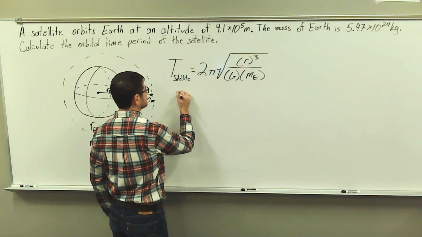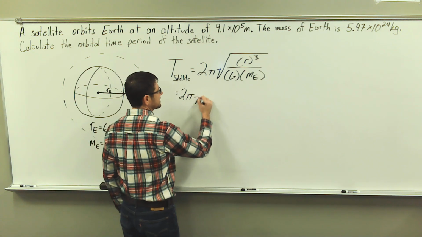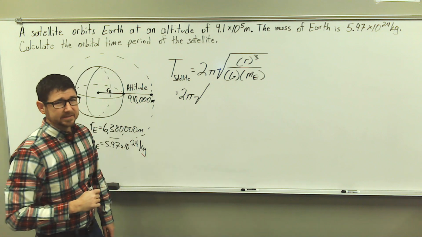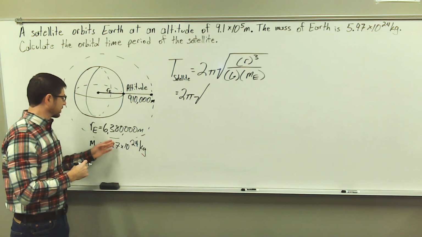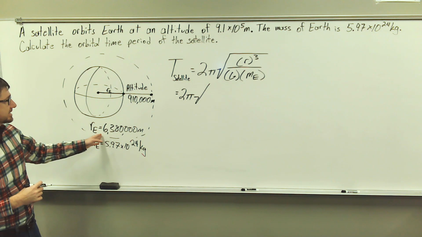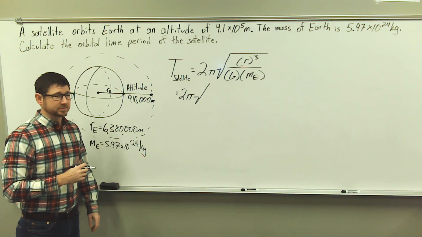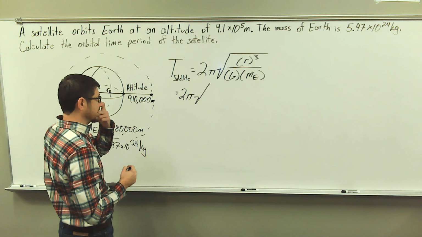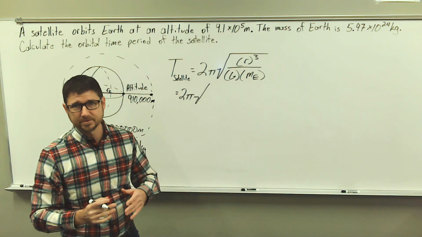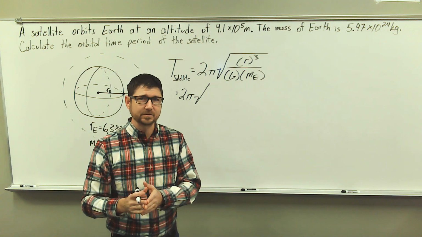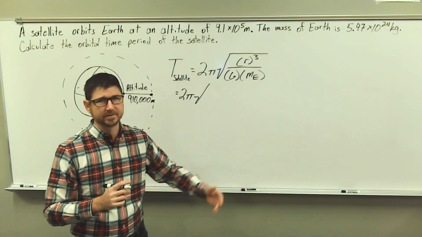Okay, so I've got 2 pi, average orbital radius cubed. So we're not given our average orbital radius. What we're given right now is the radius of the Earth and the altitude above Earth's surface. So this r represents the center to center distance. So we have the center of the Earth to the center of the satellite.